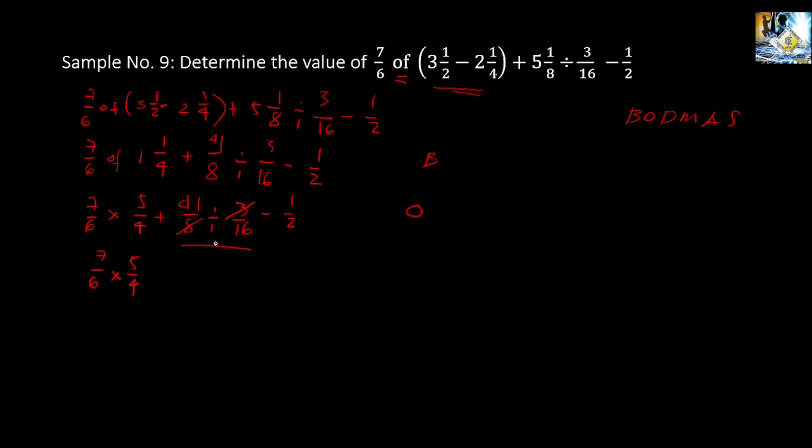Oh, first, before you can proceed to the division, you need to get the reciprocal. So, that is 41 over 8 times 16 over 3.